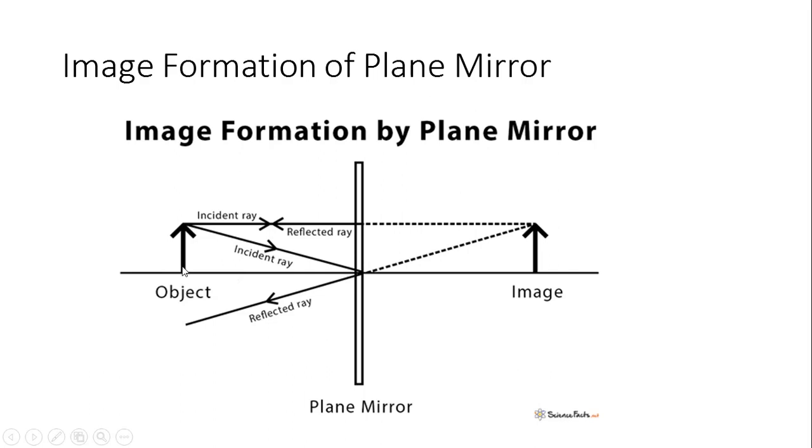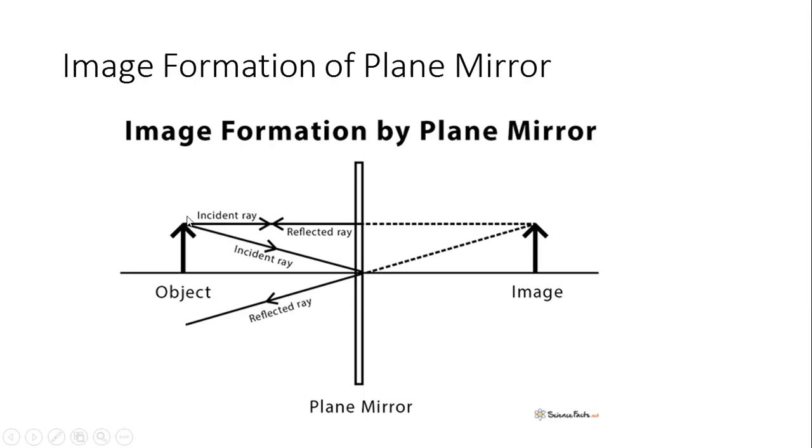So the world on the left is the real world and this one is the virtual world, and we will start to draw the image formation. So the image formation always start from the top of the object, so it will start from here.